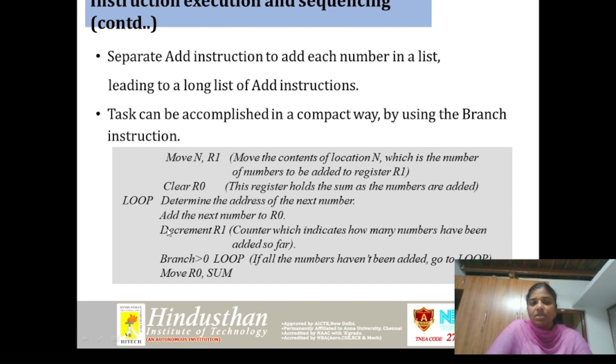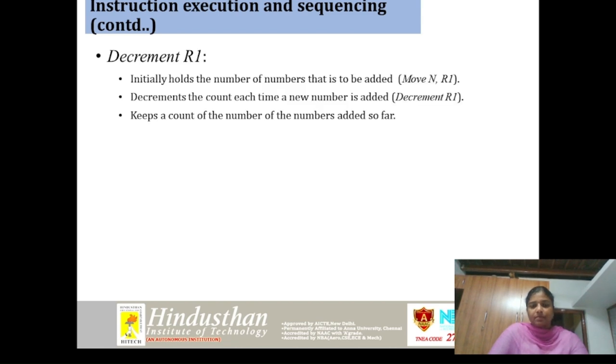Until the branch condition greater than 0 is satisfied, the loop operation will be performed, and at last the final result in R0 will be stored in the variable sum. So this is a branching instruction technique, and we use it to reduce the number of instruction lines.